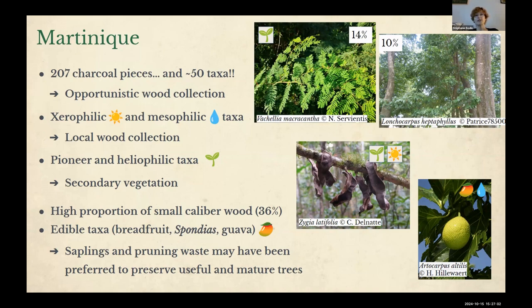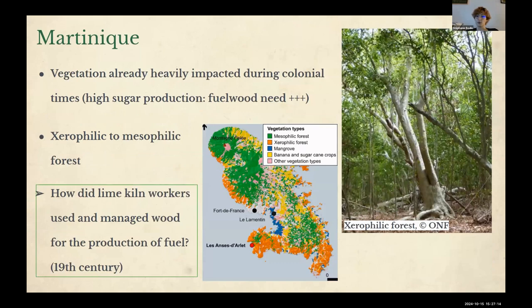And they were saying that the best wood was the mangrove tree, wood from the mangrove. And we didn't find any in the charcoal record here. And actually, at Les Anses d'Arlet, there is no mangrove. So here is the site, the mangrove is here. And the interview was led at Le Lamentin, where there is mangrove.